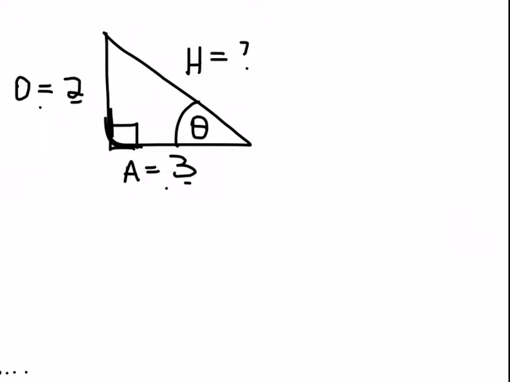Let me start the same way I started regarding SOHCAHTOA. Sine of an angle is equal to, what did we say sine is? Opposite side over hypotenuse side.